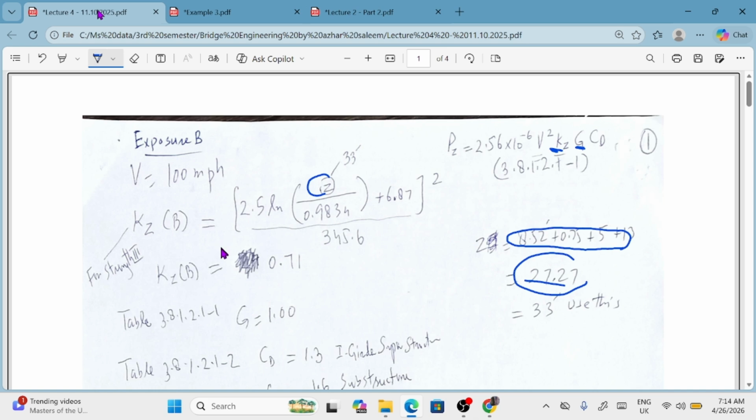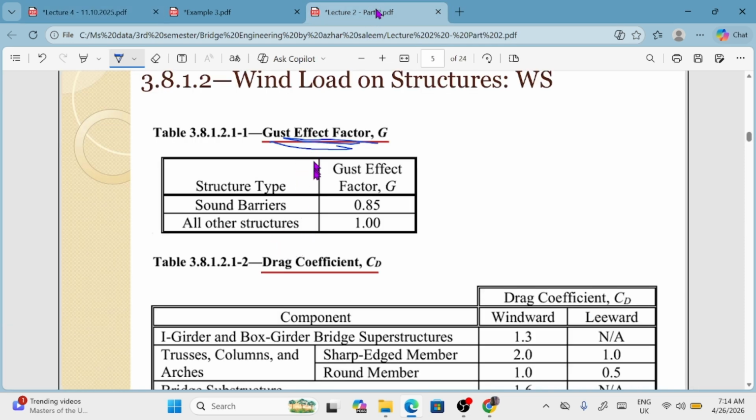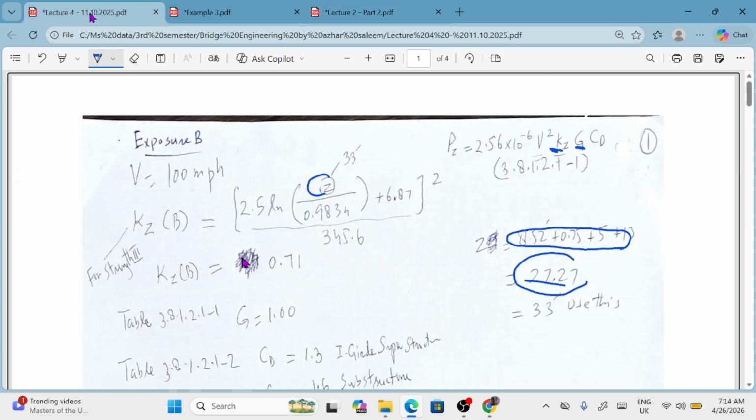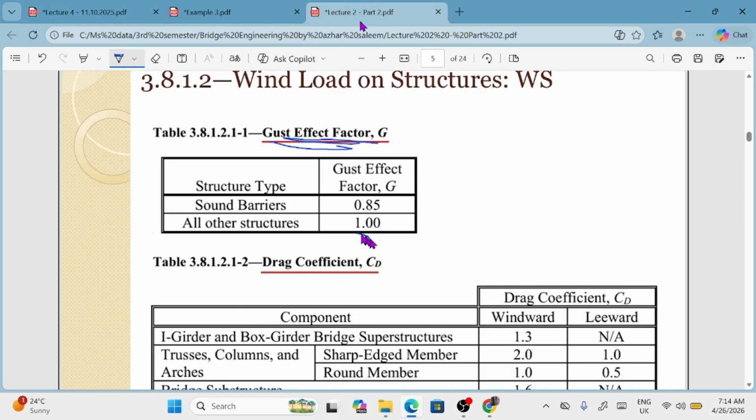If we use a sound barrier in the bridge, then the gust effect factor is 0.85. In this case, we use the other structure and do not use a sound barrier, so we take the G value from the table, which is 1. We will use 1.